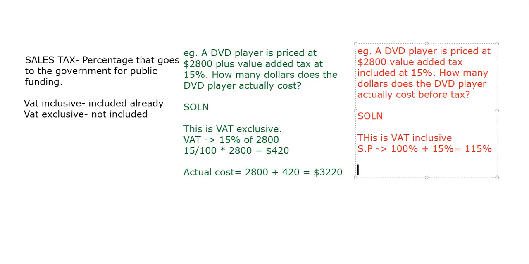So we need to find our VAT exclusive price, which would now be 100 without the VAT over 115 multiplied by the same thing, 2,800, which is equal to 100 divided by 115 multiplied by 2,800.